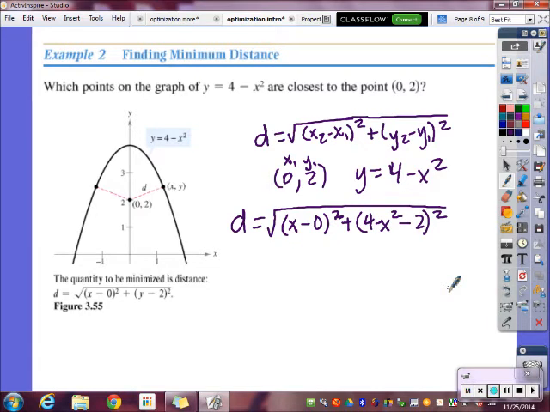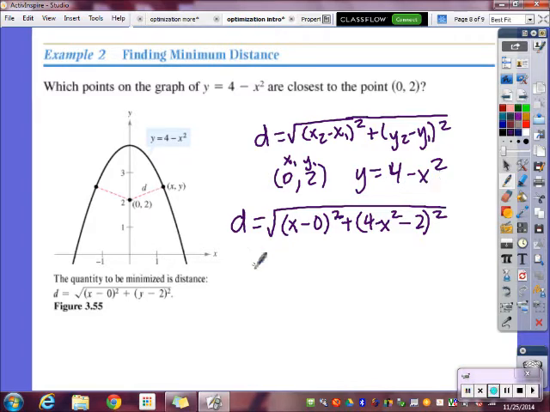This is my primary equation, because it is the equation I'm going to use to minimize my distance, since it represents the distance from the point (0, 2) to this curve given by y equals 4 minus x squared.